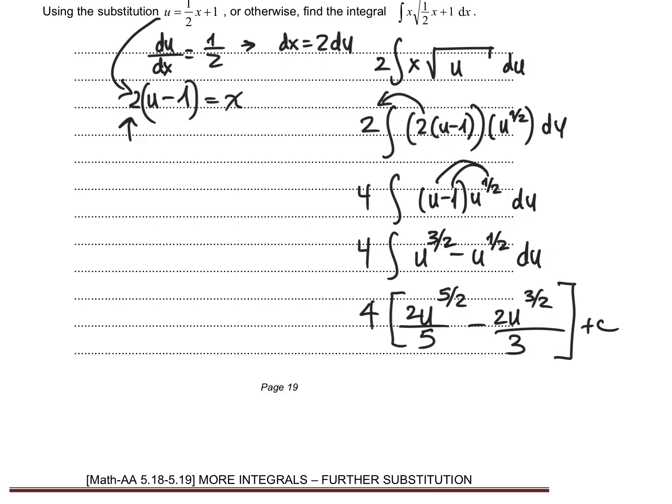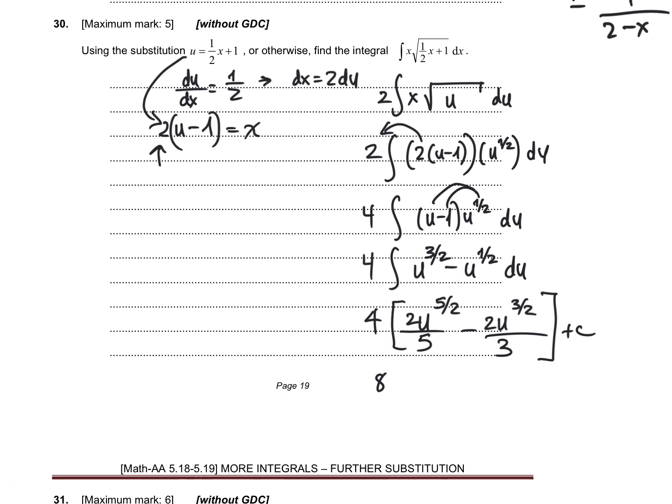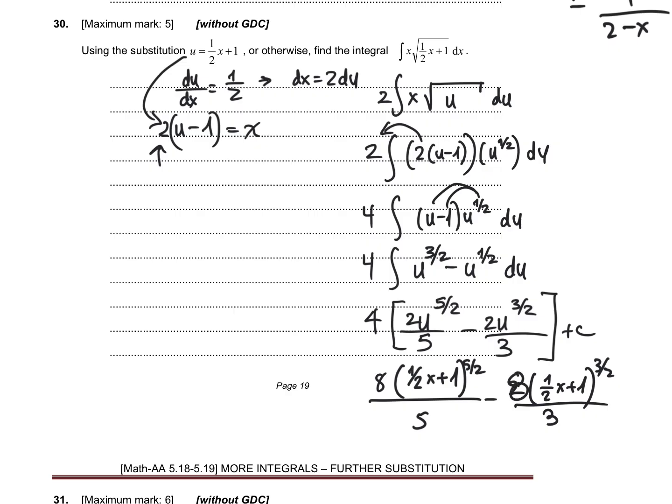So now we're going to have 8u, which is 1/2 x plus 1 to the 5/2 over 5, minus 8 times u to the 3/2 over 3, because I just had to distribute the 4, and then plus c. And no, you can't distribute this 8. These 8s don't go in because it's got a power. Okay, so this is your final answer.